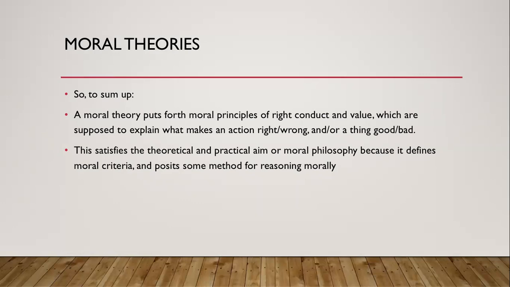There's a typo there, I'm sorry, because it defines moral criteria and then it posits some method for reasoning morally, okay? That's what moral philosophy is supposed to do. It's supposed to set some theoretical criteria and then give us some practical guidance on how to use that theoretical criteria in the real world. That's the point. Some do it better than others, but we'll get to that in a few lectures.